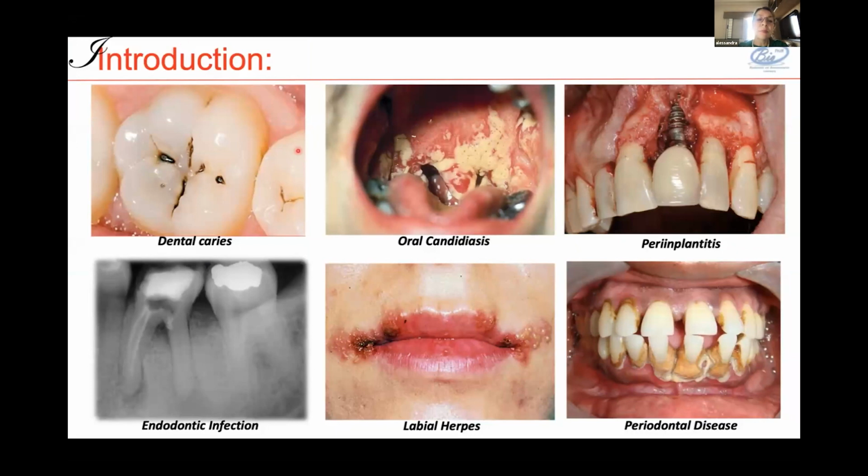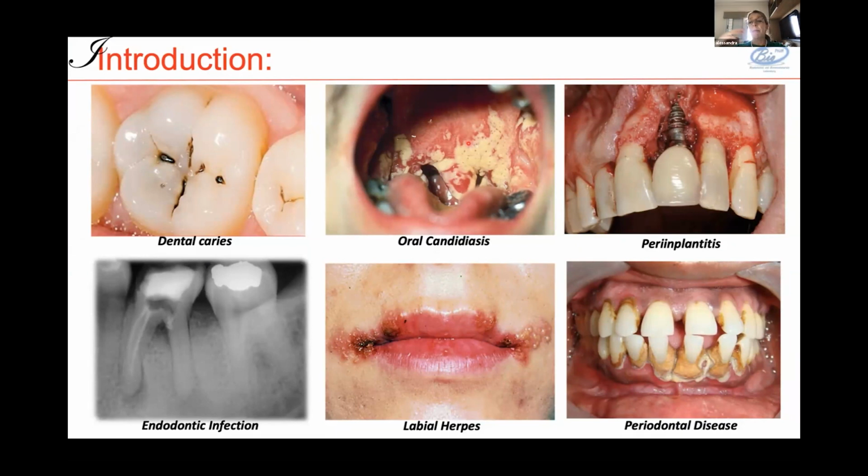Here I can show you some of these diseases that we can have inside the oral cavity. Of course, not just microorganisms are involved in the etiology of these diseases.